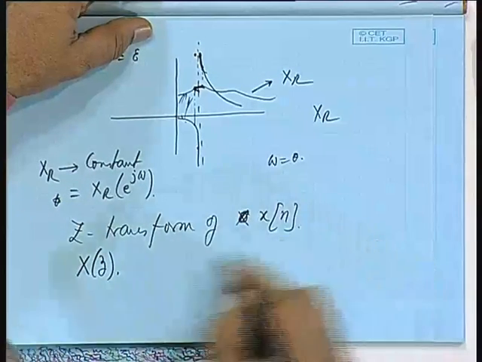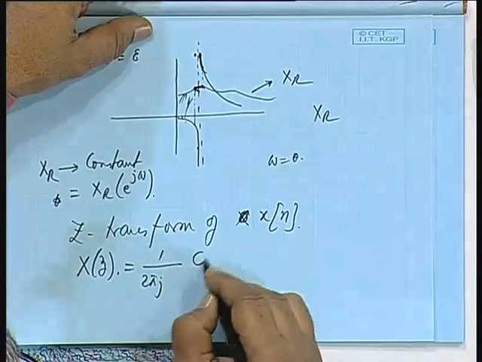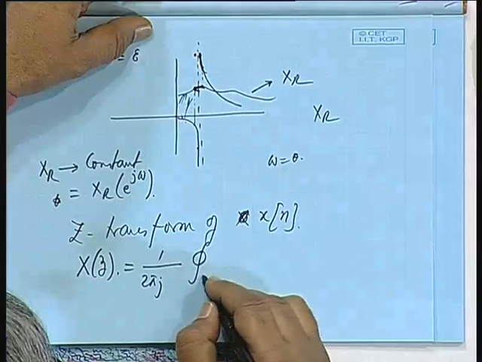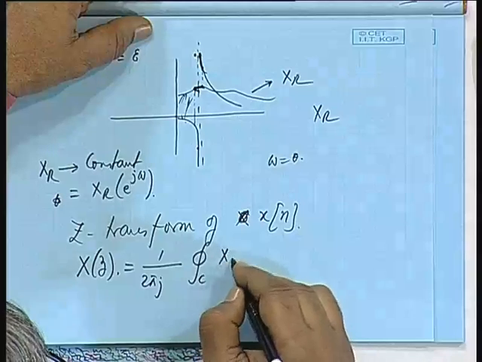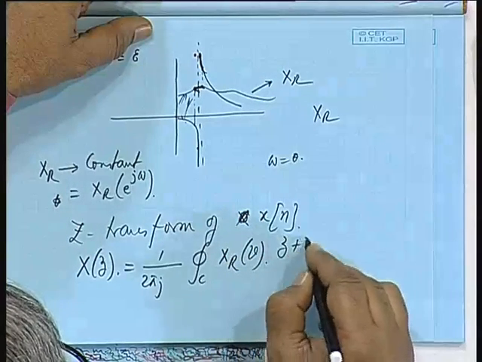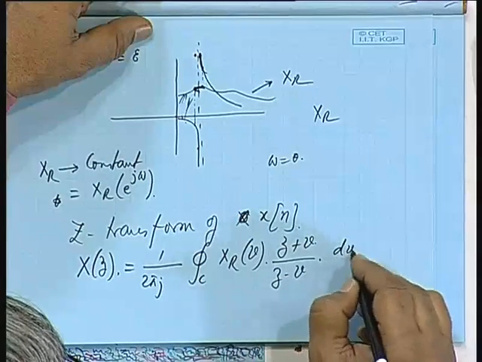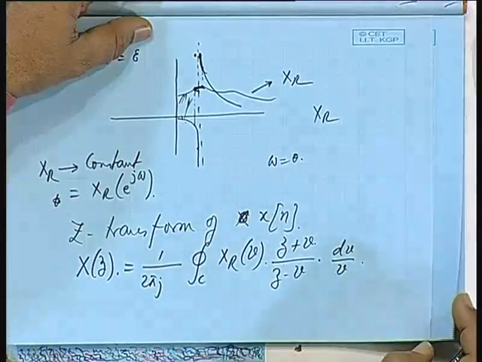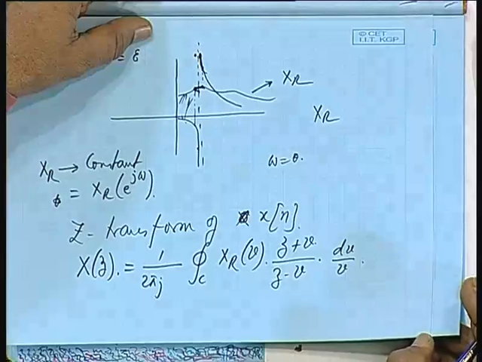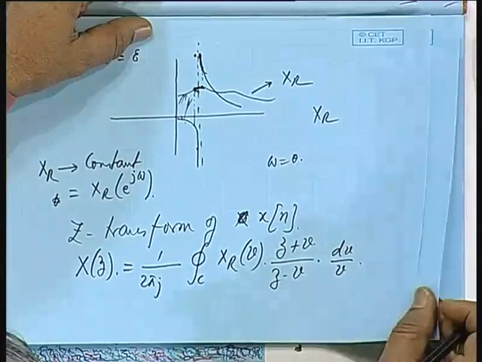That will be equal to 2πj, that relationship, (z+v)/(z−v) dv/v, okay. Now, how to get this? We will prove it.